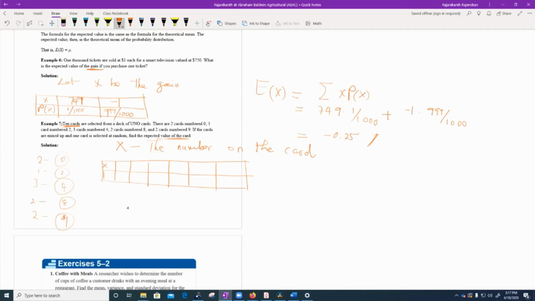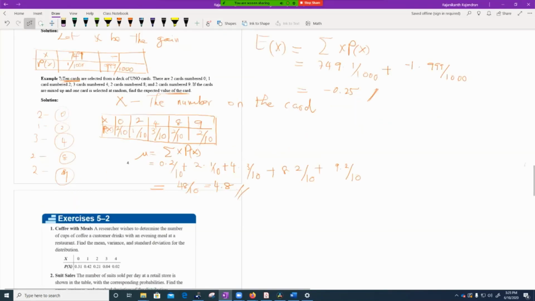So my X and the P(X) are here. You may have 0, 2, 4, 8, 9. What is the chance of getting a 0 numbered card? There are 2 out of 10 cards. Number 2, there's only 1 out of 10. Number 4, there are 3 cards out of 10. And 8, there are 2 cards out of 10. And for 9 also 2 cards out of 10.